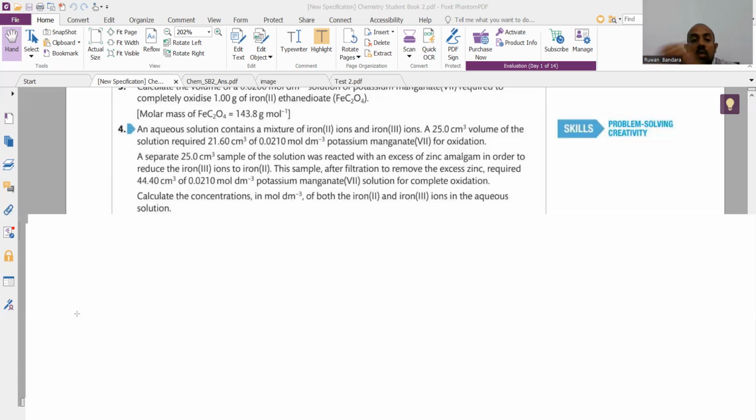You have an aqueous solution with iron 2 and iron 3. First, you are adding sodium thiosulphate, sorry, potassium manganate to this mixture.